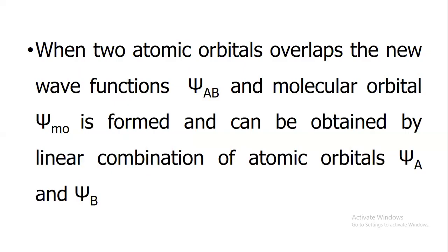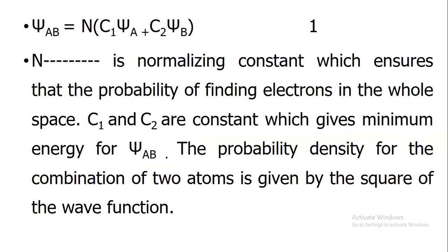When two atomic orbitals overlap, the new wave function psi AB, the molecular orbital, is formed and can be obtained by the linear combination of atomic orbitals psi A and psi B. So psi AB equals N times C1 psi A plus C2 psi B. N is the normalizing constant, which ensures that the probability of finding electrons in the whole space is one. C1 and C2 are the constants which give the minimum energy for psi AB.